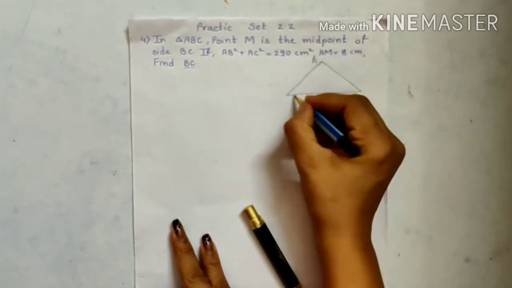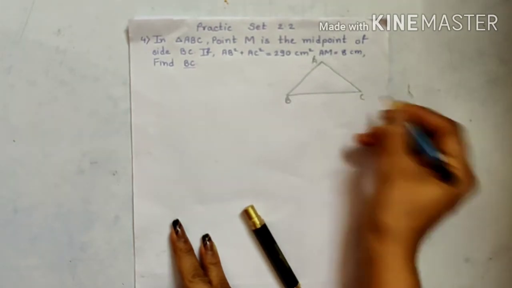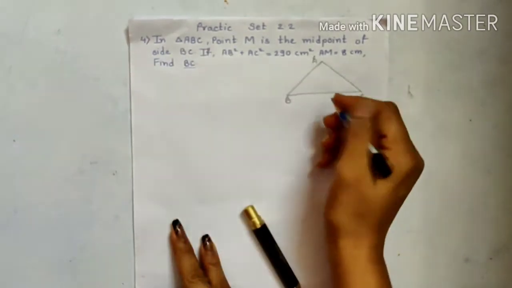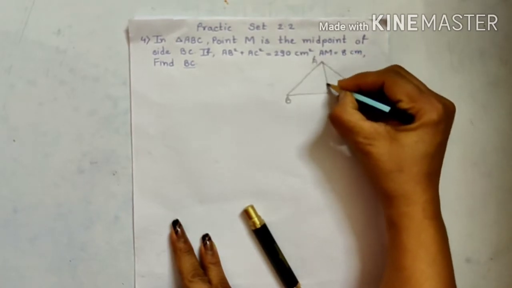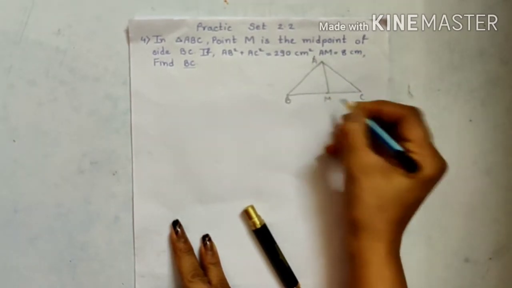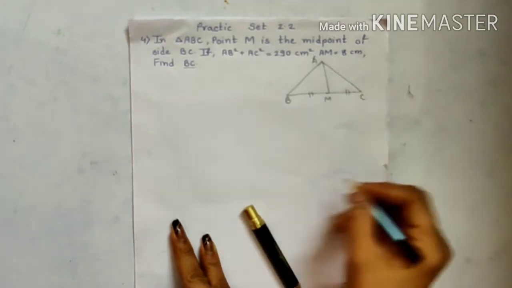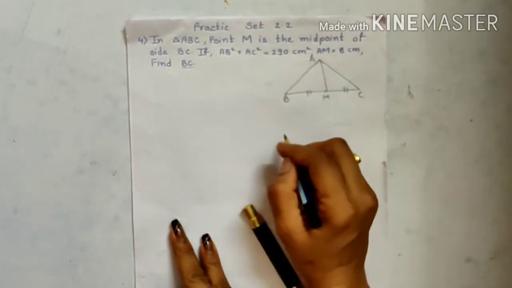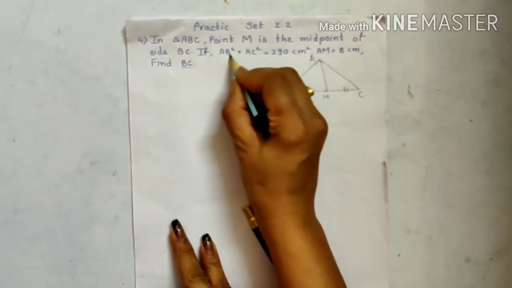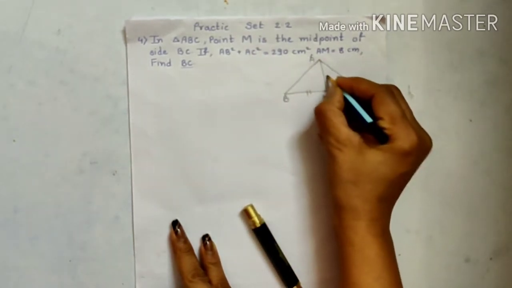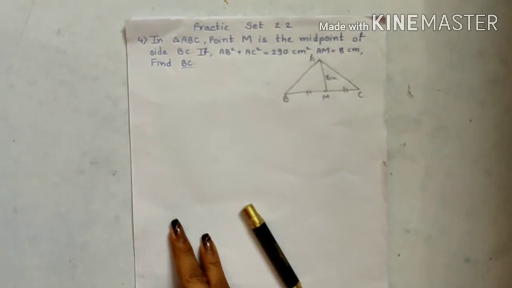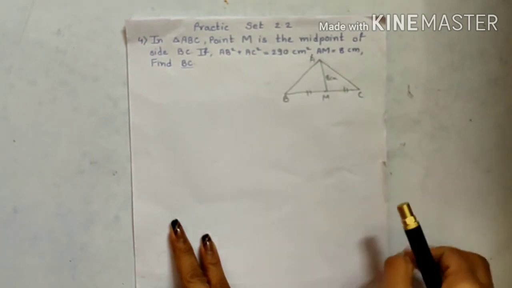This is triangle ABC. In triangle ABC, point M is the midpoint of BC. AB square plus AC square is given as 290 and AM is 8 cm. Find BC.